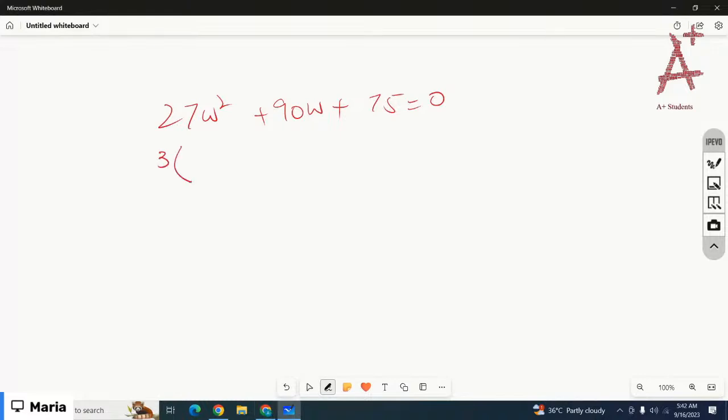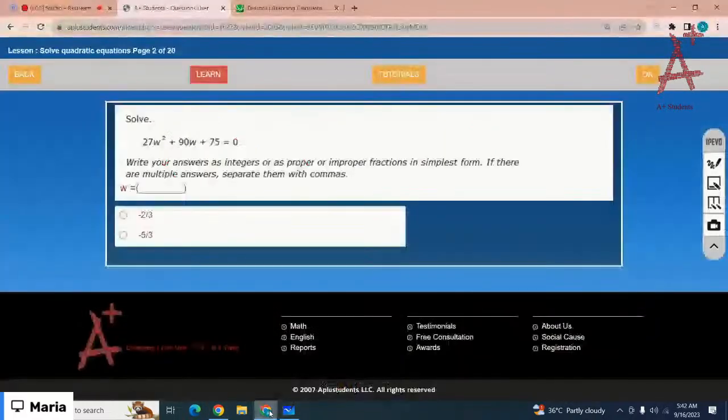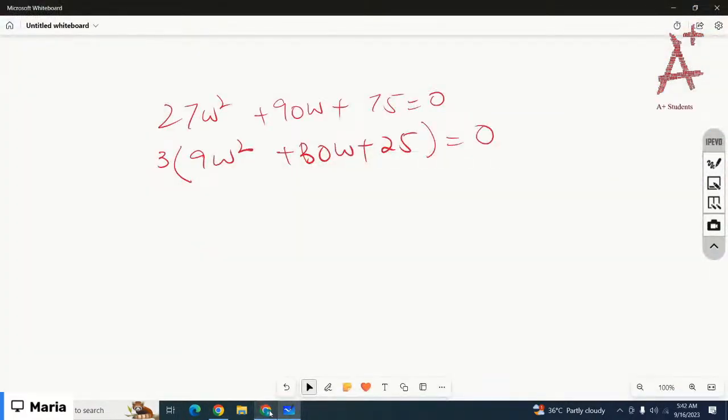Okay, 3 times 9 is 27, 3 times 30 is 90, and 3 times 25 is 75, right? So 9w squared plus 30w plus 25.